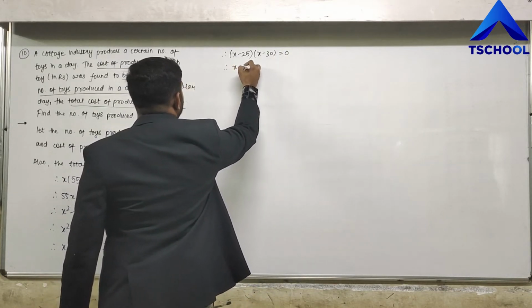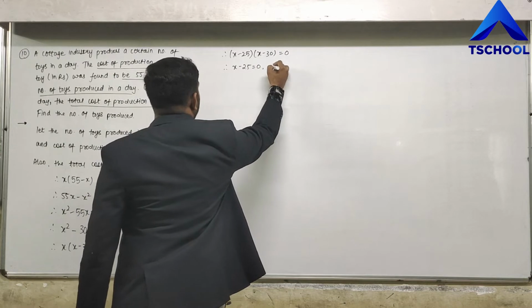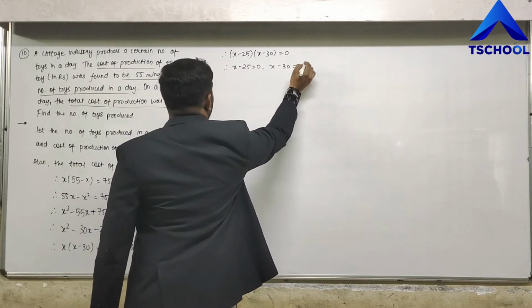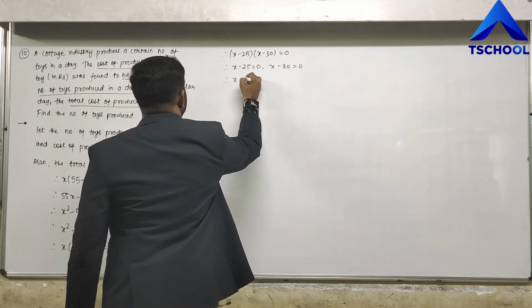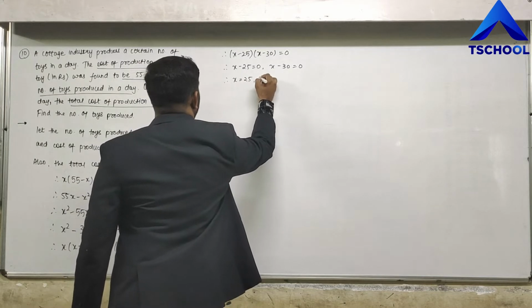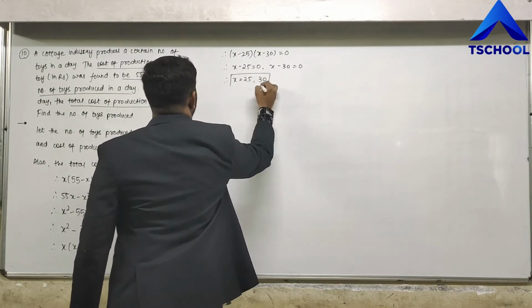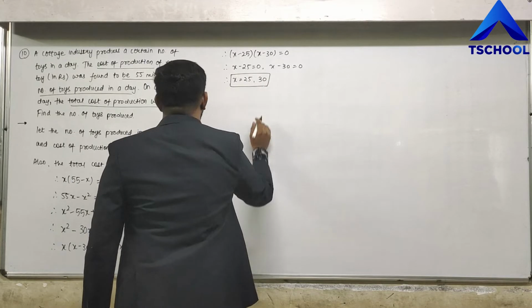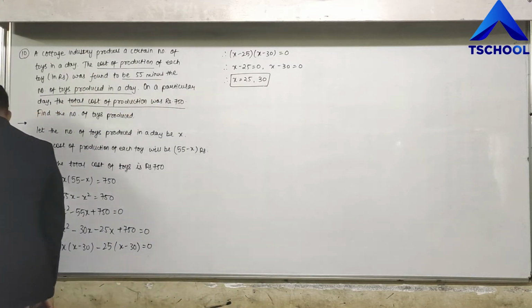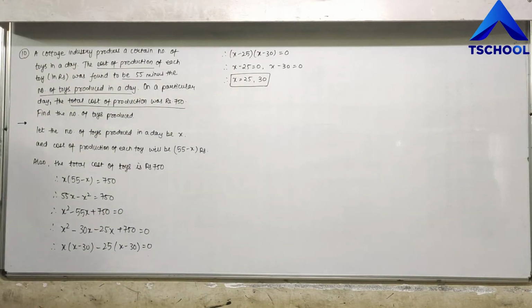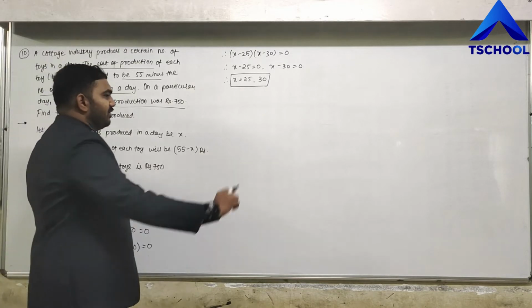Therefore x minus 25 equal to 0 and x minus 30 equal to 0, and hence x equals 25 or 30, right? Now we got two values here. Which of them is possible, we don't know, right? So let us confirm it here. If I take x equals 25, then am I getting 750 or not, and if I take x equals 30, then am I getting 750 or not.